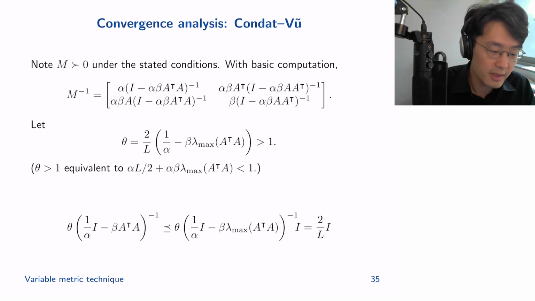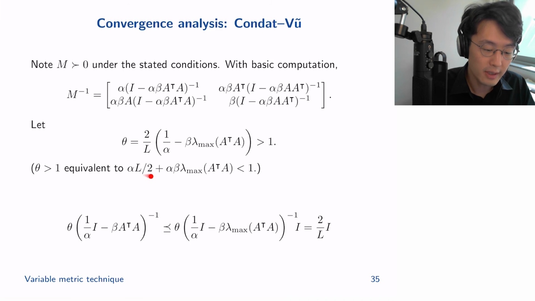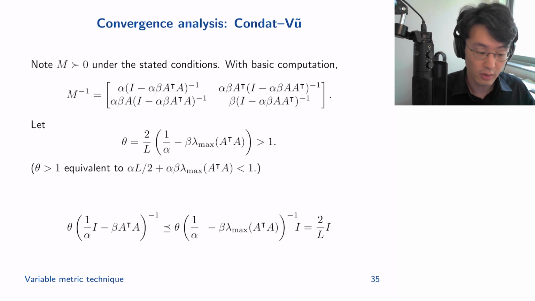And then let's define this number theta with this. Since the step size condition that was stated in the previous slide says this quantity is less than or equal to 1, this condition is equivalent to theta being strictly bigger than 1. Then using the definition of theta, we have that this matrix is less than or equal to this matrix in the sense of positive semi-definite ordering.